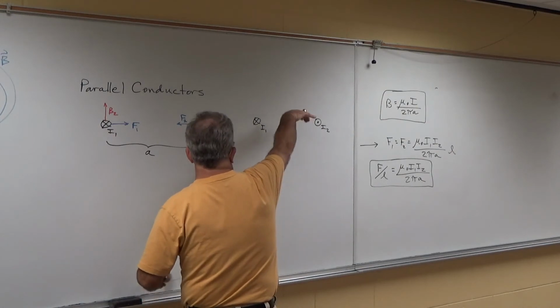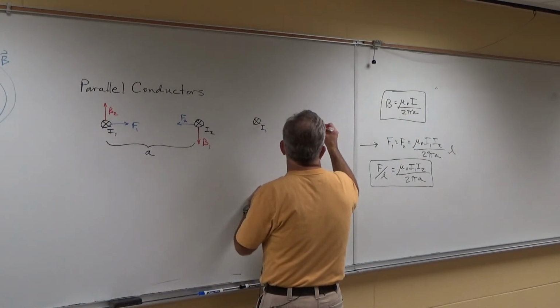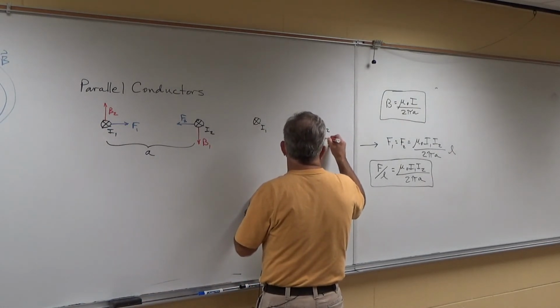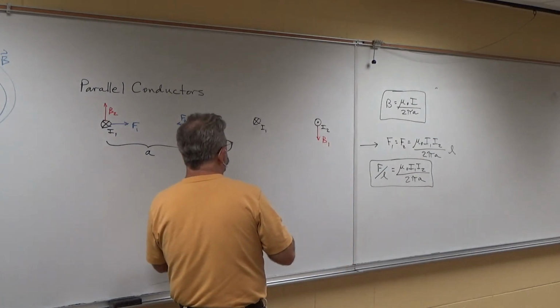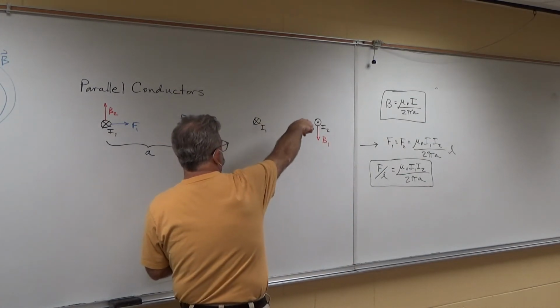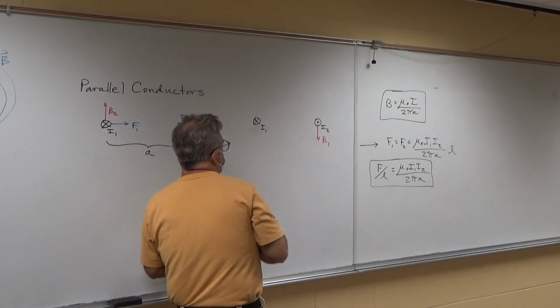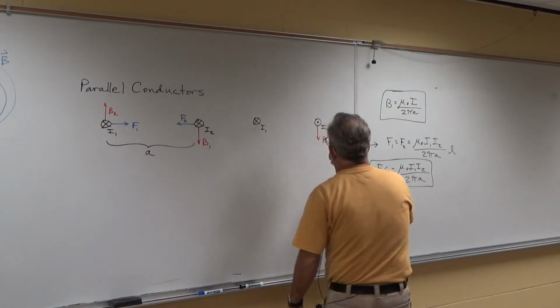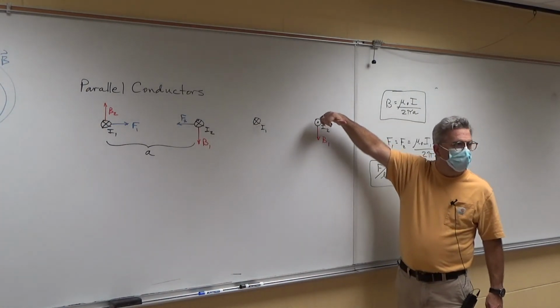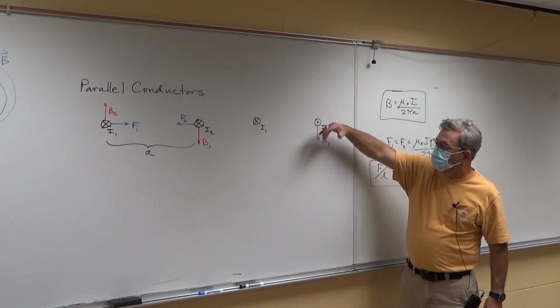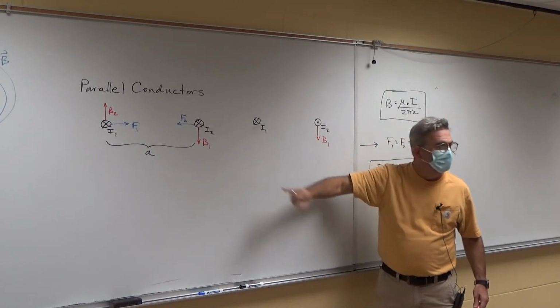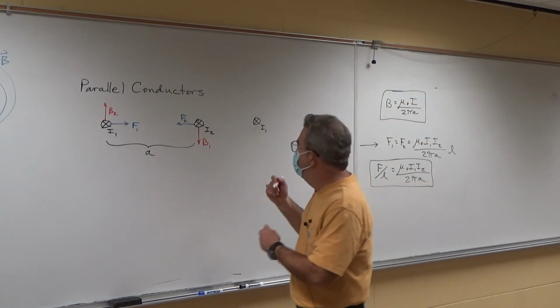So B1 did not change. It's in the same direction over here. Put my thumb in the direction of I1, B1 is down. But I2, the current's now out of the board, so B2 is also down over here.